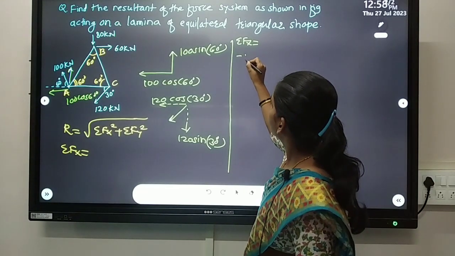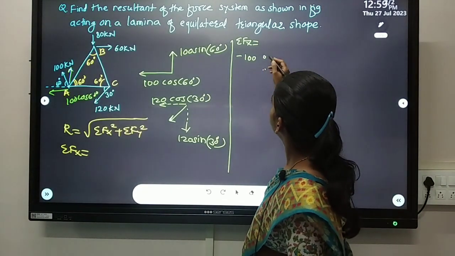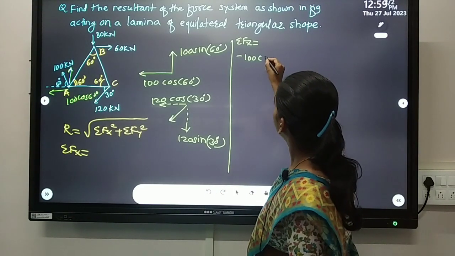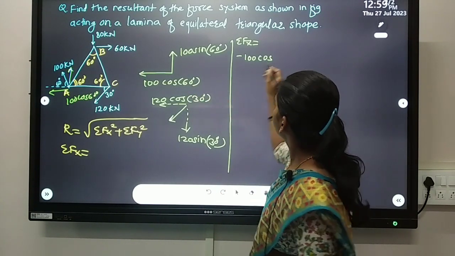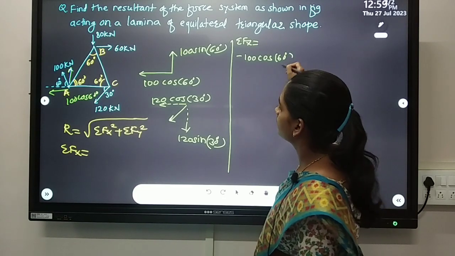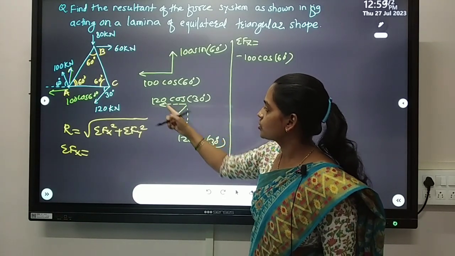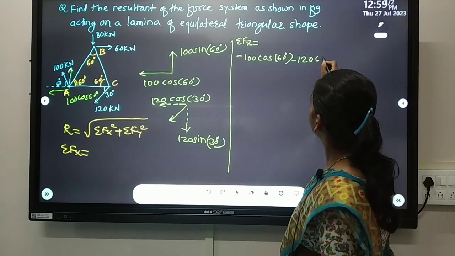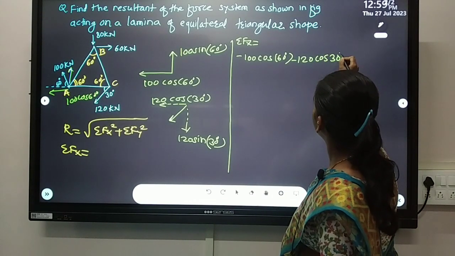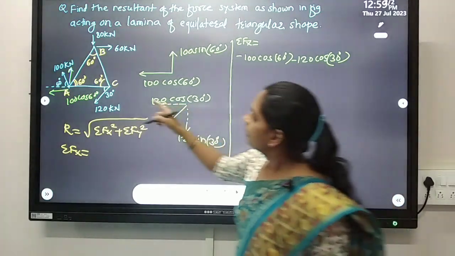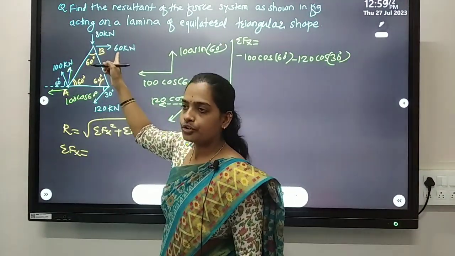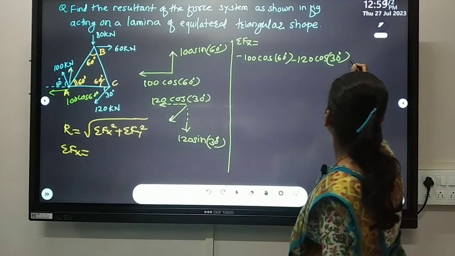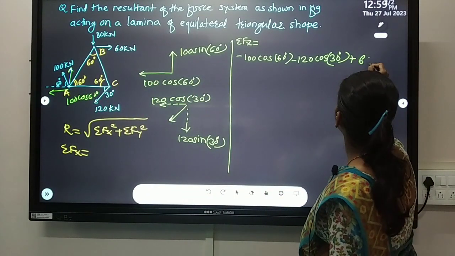So, minus 100 cos of 60 degree, then this force is also going towards the left hand side. So, minus 120 cos of 30 degree, again this 60 kilonewton force is going towards the right hand side, that is why taken as plus, plus 60.